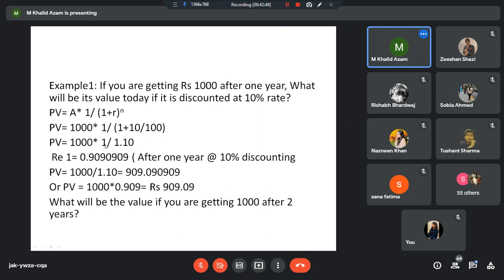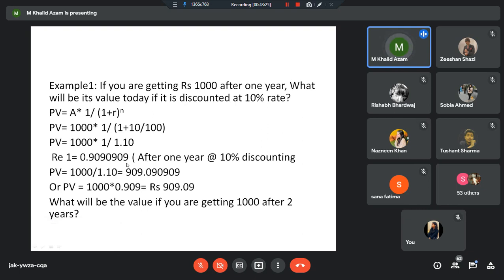If you calculate the 1 rupee value at the beginning of the period, it becomes 0.909. If you are getting 1 rupee after 1 year, discounted at 10% rate, its value today will become 0.909.